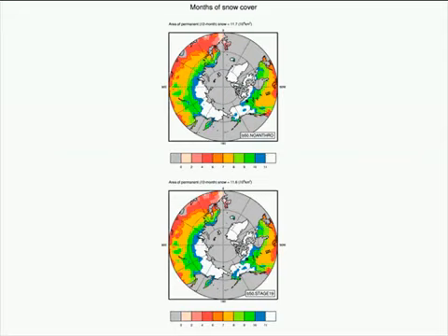It shows the same thing, months of snow cover for the projected values of CO2 and methane that I used in the original early anthropogenic hypothesis.